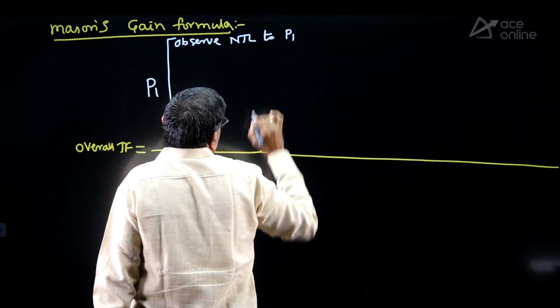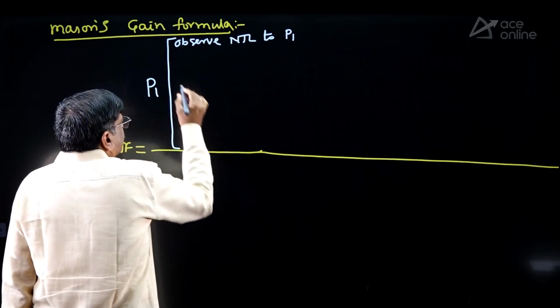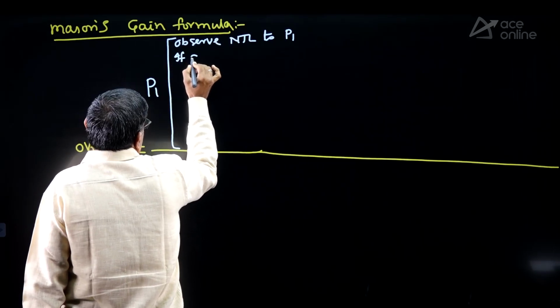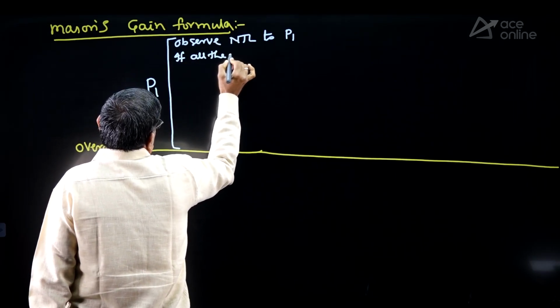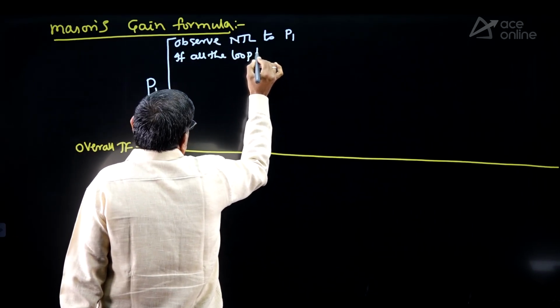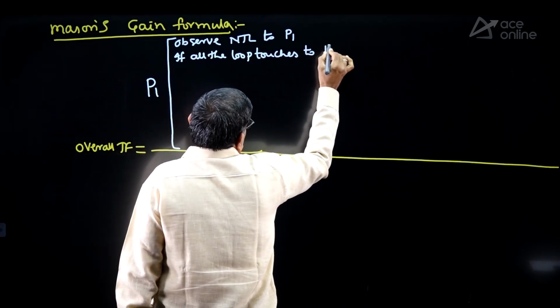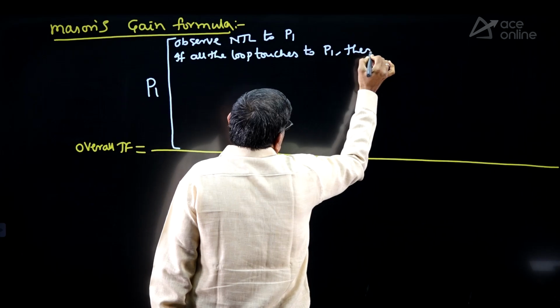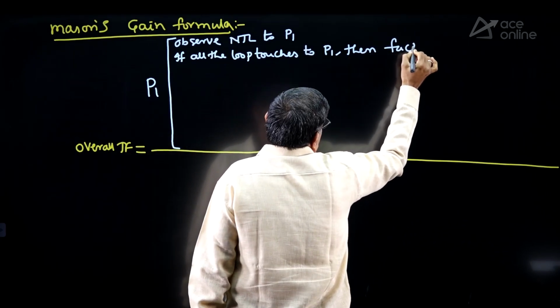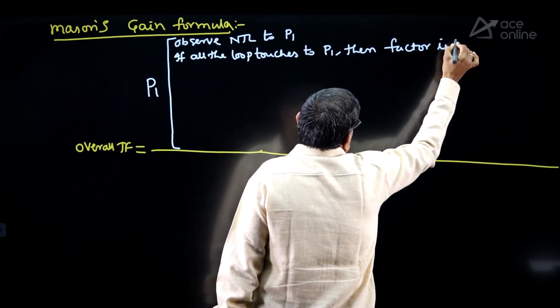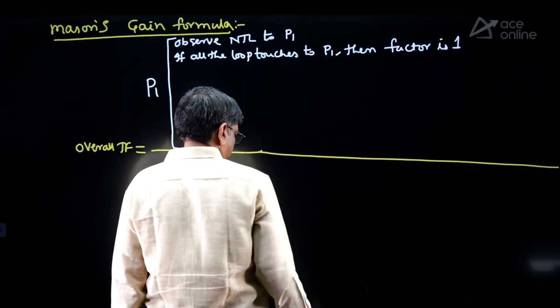P1 means forward path. If all the loops touch P1, then the factor is 1. Then no need to write any more factor.